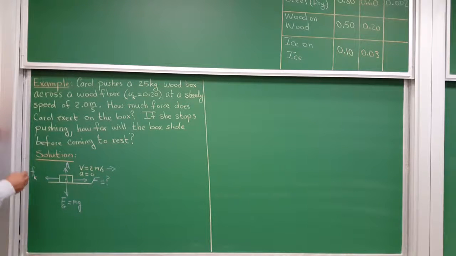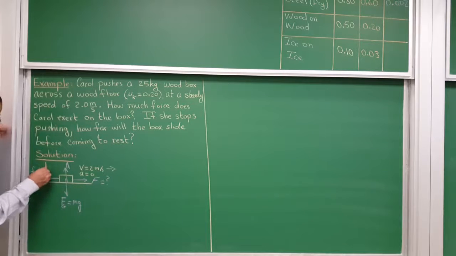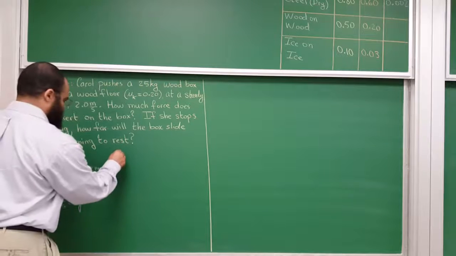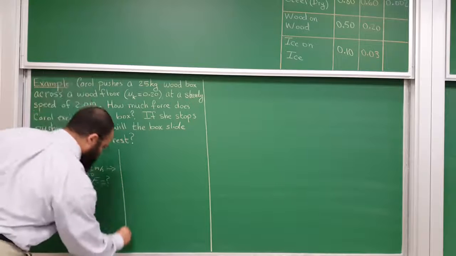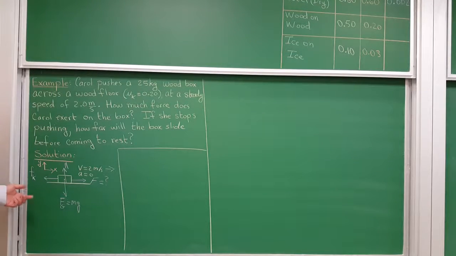I will draw my axes. Here's the positive x direction. Here's the positive y direction, as usual. I know that the force of friction depends on the normal force, so I need to find the normal force first.